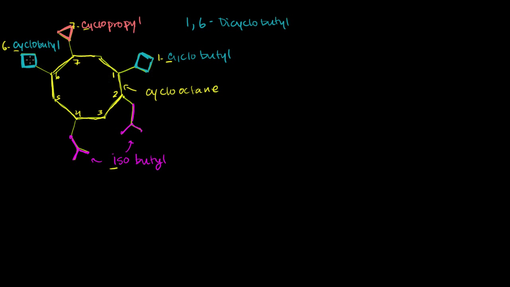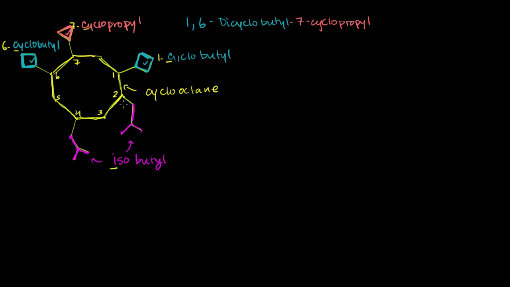So we got those 2 guys out of the way. And then alphabetically, cyclopropyl is next. So then we have a 7 cyclopropyl. Let me do that in that orange color. 7 cyclopropyl. Got that guy out of the way.